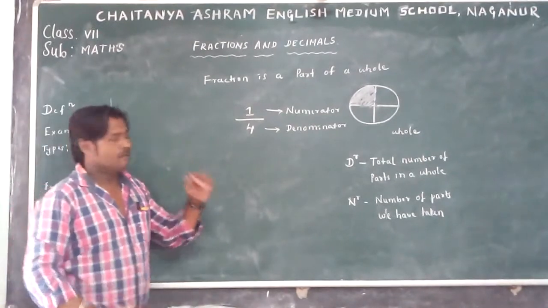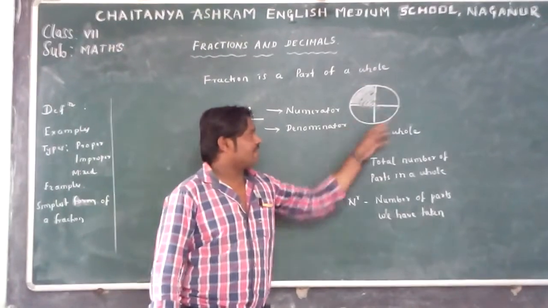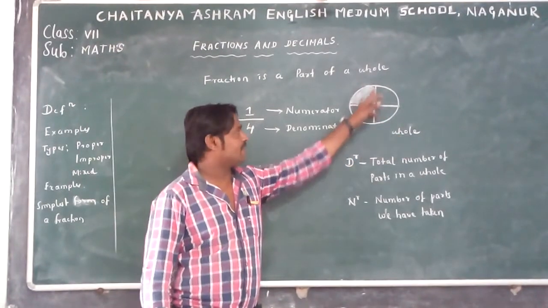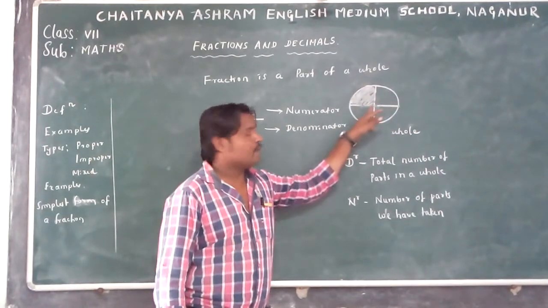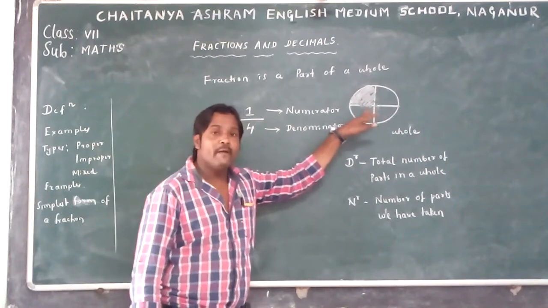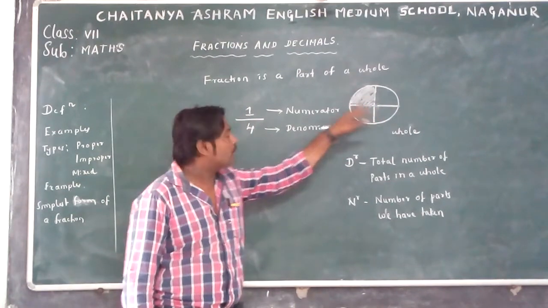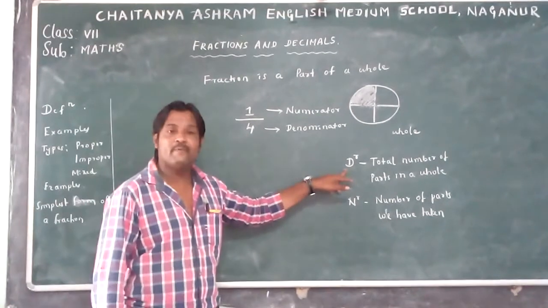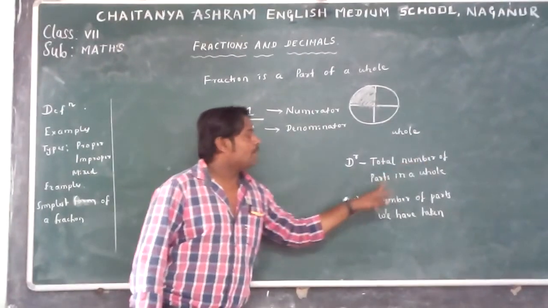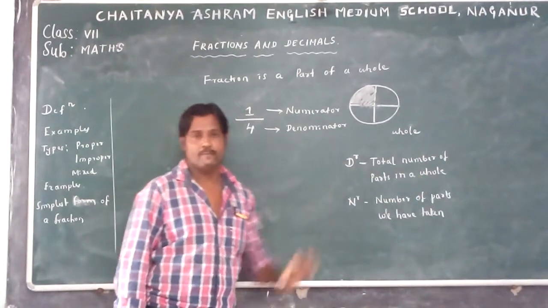Here, see, we treated this circle as a whole. We divided this circle into 4 equal parts. That 4 we write in the denominator. So the denominator represents the total number of parts in a whole.